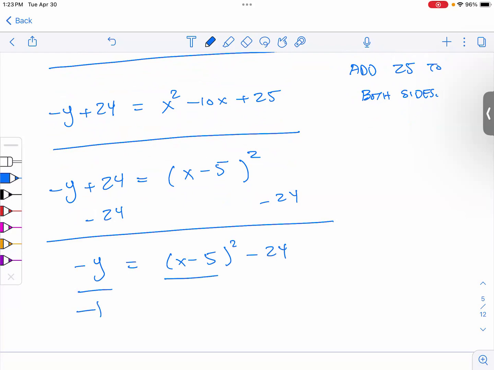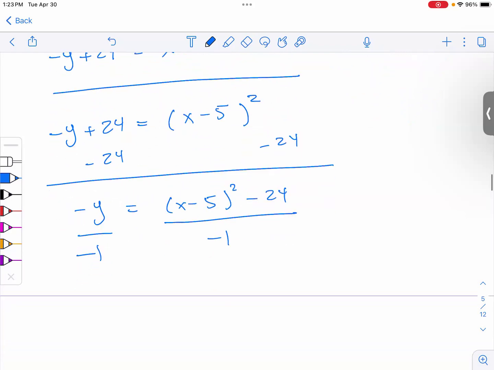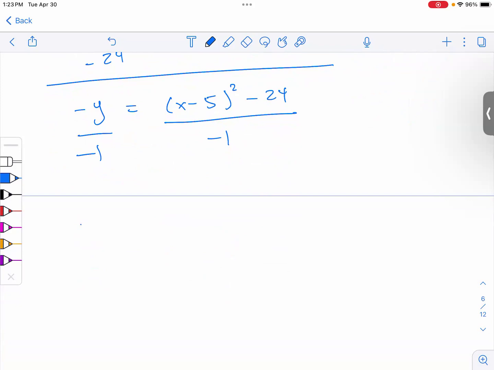Divide both sides by -1. And I could still identify the vertex just like we did before.